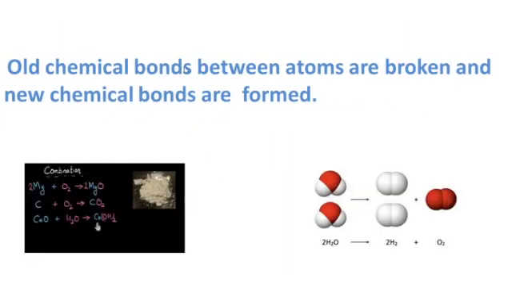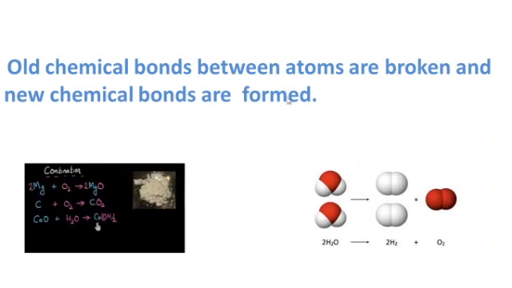Next, old chemical bonds between atoms are broken and new chemical bonds are formed. For example, 2Mg plus O2 forms 2MgO, entirely a new product. Magnesium plus oxygen forms magnesium oxide. Carbon plus oxygen forms carbon dioxide.